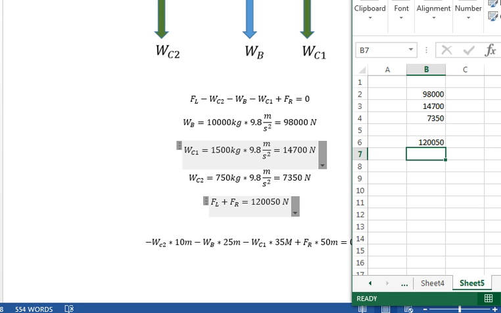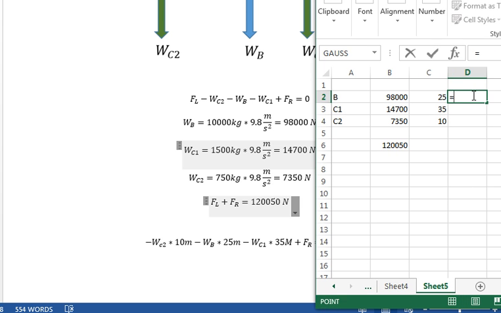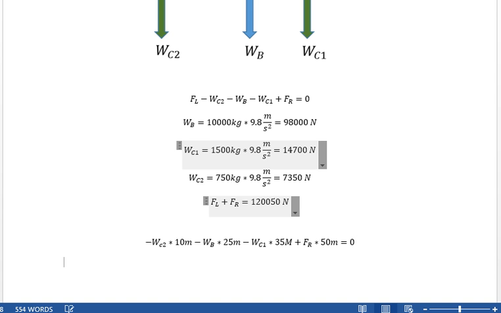Let's go back and look here. This is the bridge, this is car 1, this is car 2. The bridge is at a distance of 25 meters, car 1 is at 35 meters, car 2 is at 10 meters. So let's do the torques in order.